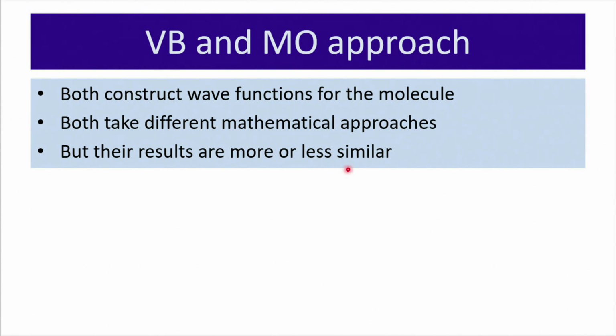You have to remember one thing: when we talk about VB theory or MO theory, both of them use lots of mathematical calculations. So here we will be studying mainly the qualitative and conceptual ideas rather than mathematical and numerical calculations. In both approaches, the wave nature of the electron is used for the calculations. The minion asks the question, why are electrons used and not the nucleus in these two approaches?